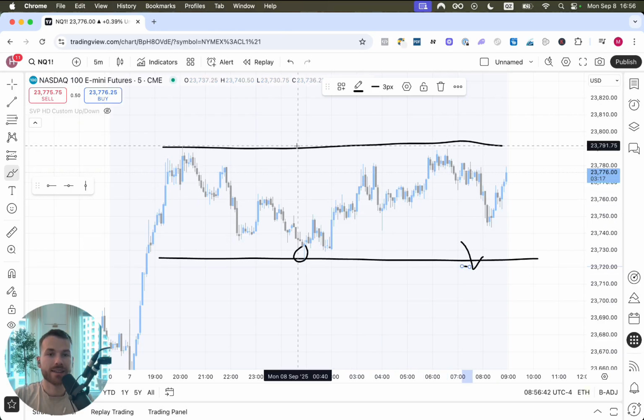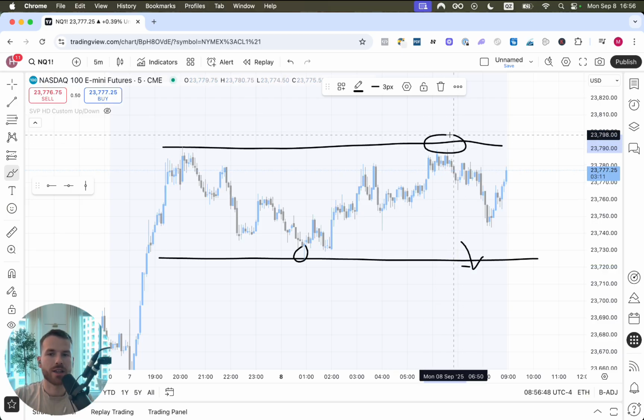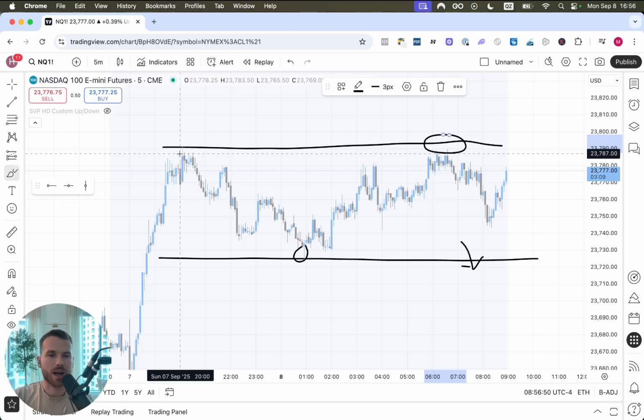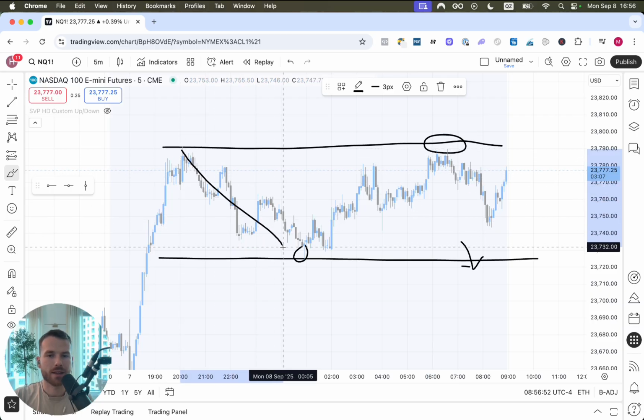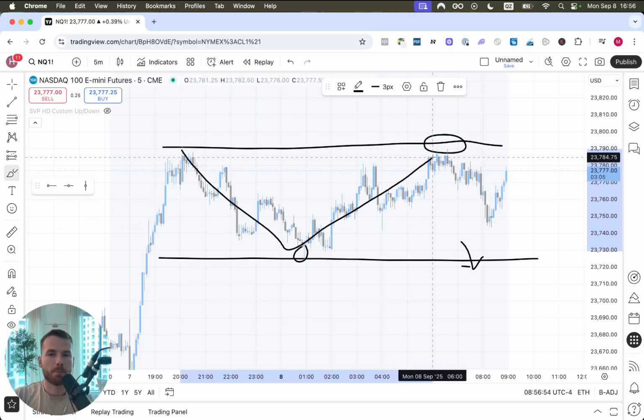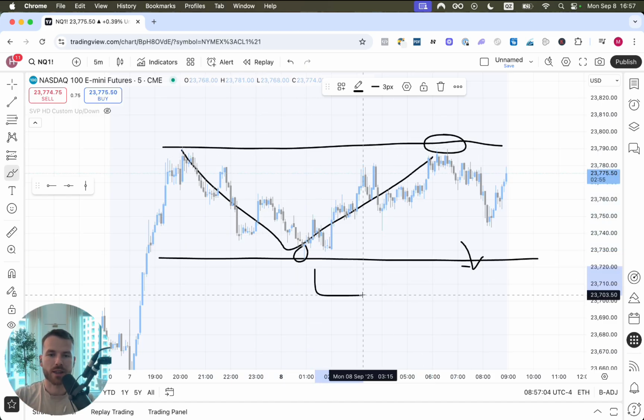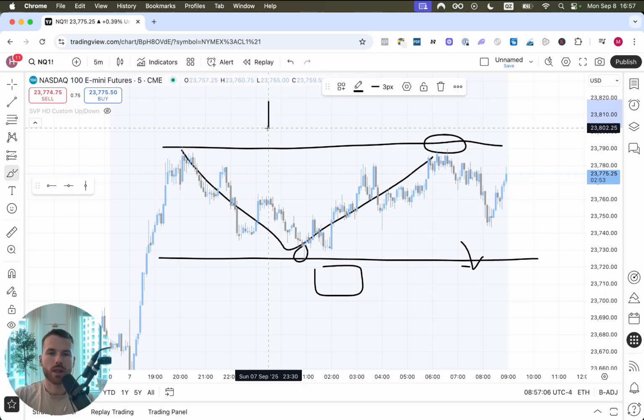Same on the other side. Did we see someone build up a huge position somewhere up here? No, we didn't, because the market is now just going back and forth. But at no point in this range did we see that someone is building up a larger position by fishing the stops that are either here or here.